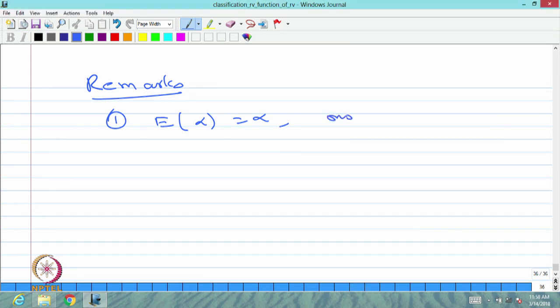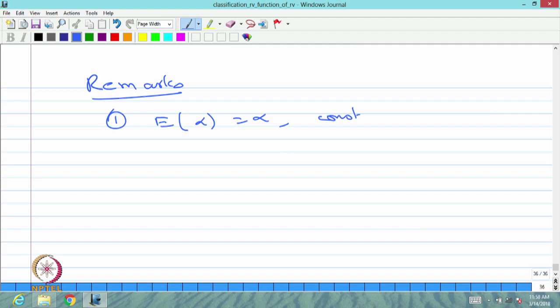Now we will discuss a few important results for the mean as remarks. The first remark: the expectation of a constant is a constant. If you find the expectation or mean of a constant, that is going to be a constant.